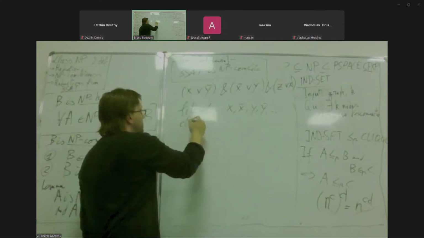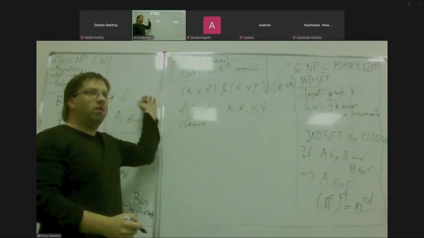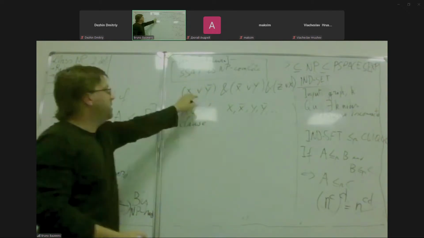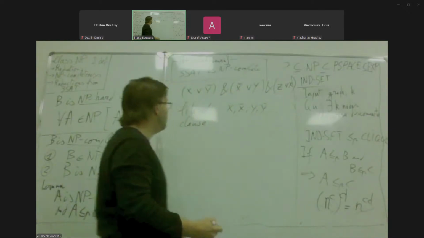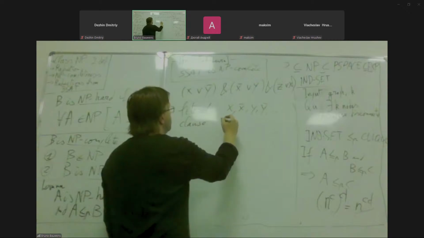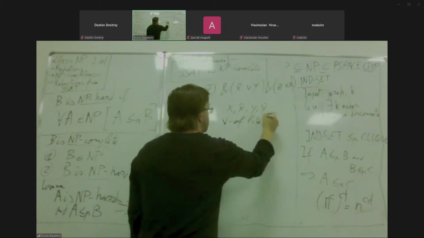Then a clause is called a disjunction of literals, an OR of literals. So here we have 3 clauses in the formula.